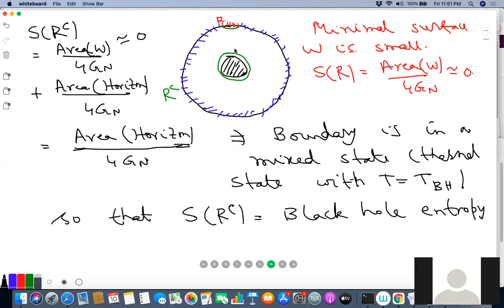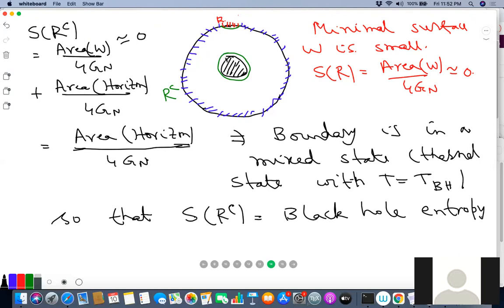The region between the green and the blue dashes, that is what contributes to S bulk of V, right? Yes, except that the entanglement entropy of that region, if that region is in the vacuum, is coming essentially from entanglement across this horizon. By across, you mean between inside and outside?